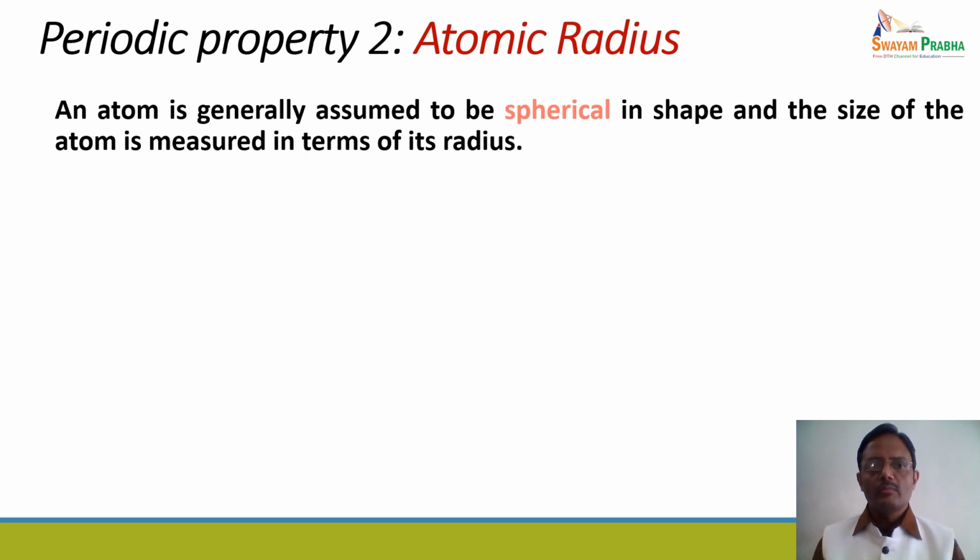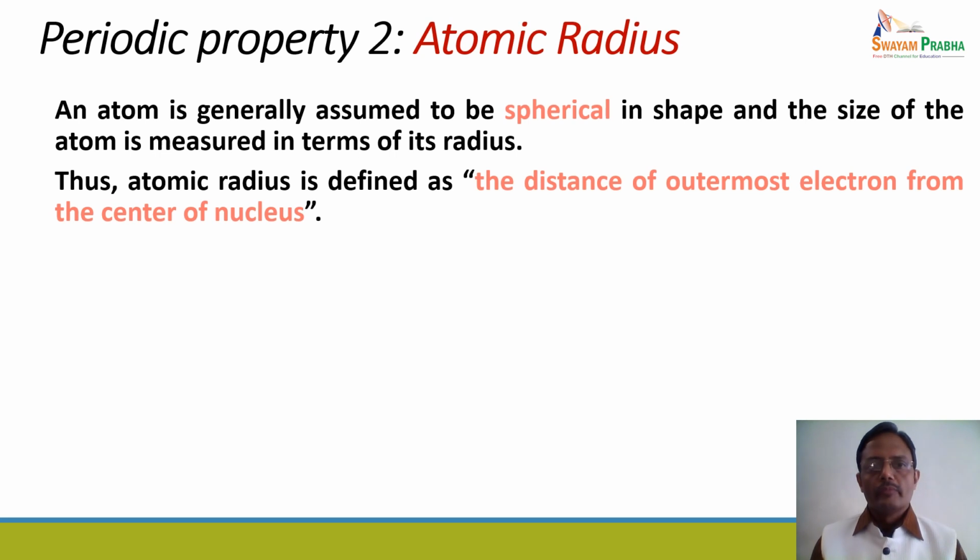We know that atom is generally assumed to be spherical in shape, and as a result, we can measure its size in terms of radius, since we assume it to be a spherical structure. And the atomic radius can be defined as the distance of the outermost electron from the center of the nucleus. So from nucleus to the valence shell electron or outermost electron, that distance we call it as the atomic radius.